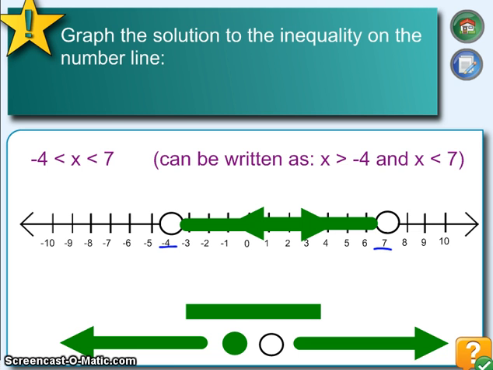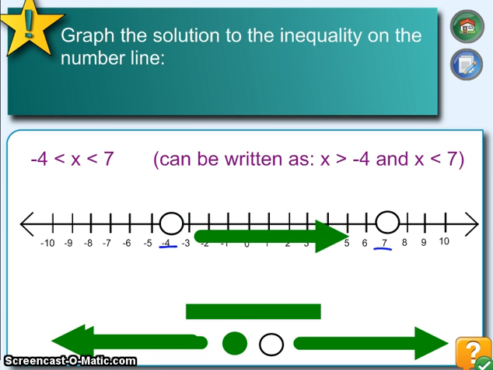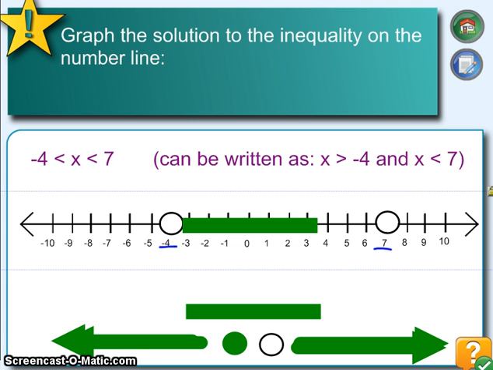So what you're going to see in the book is really there will be no arrows on that graph. You'll see the end points, and you'll see simply a shaded line in between. This shows all of our options that satisfy both greater than negative 4 and also less than 7.